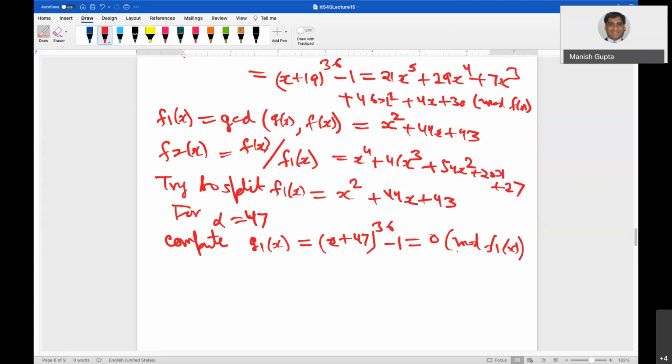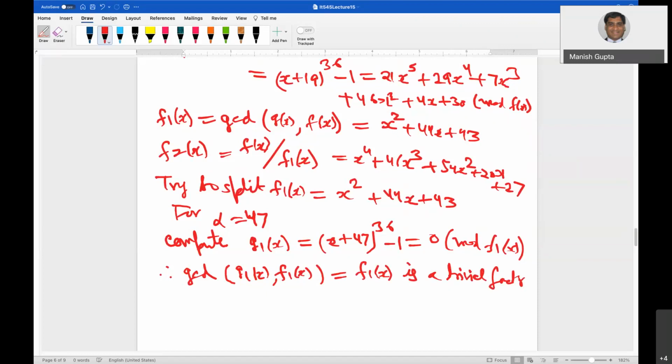So now we got g1 of x. Now we compute the GCD, the next step. GCD of g1 of x and f1 of x will be what? Because it's a multiple, right? It will be f1 of x. It is a trivial factor, right? So it's not very good.